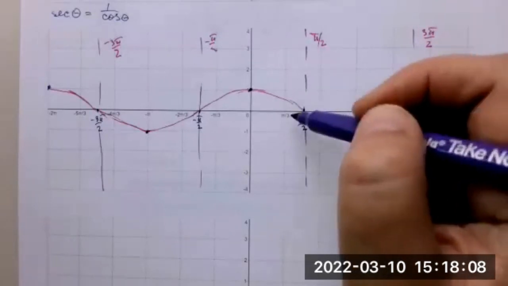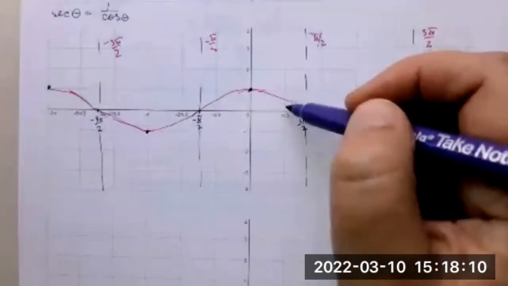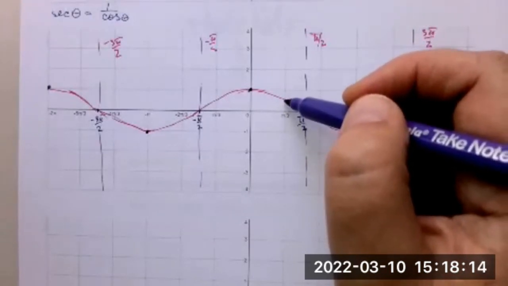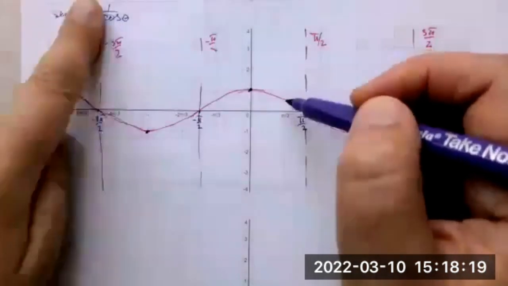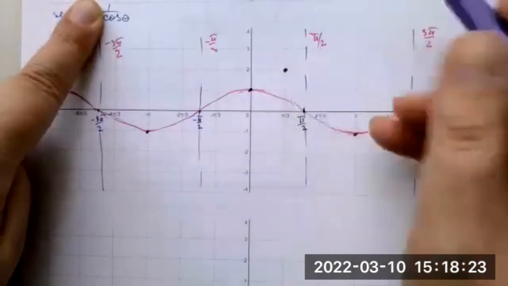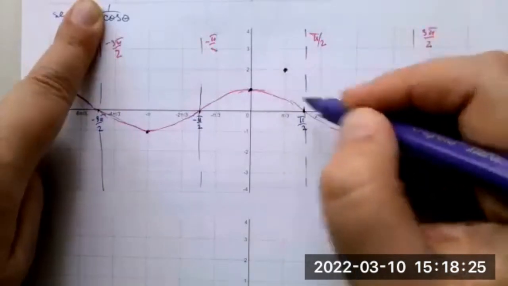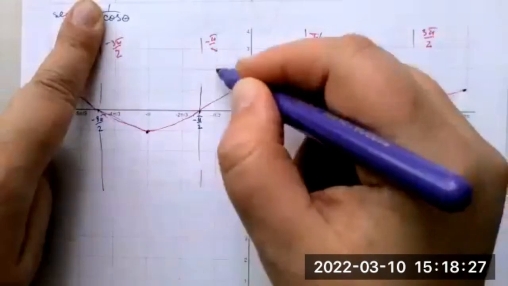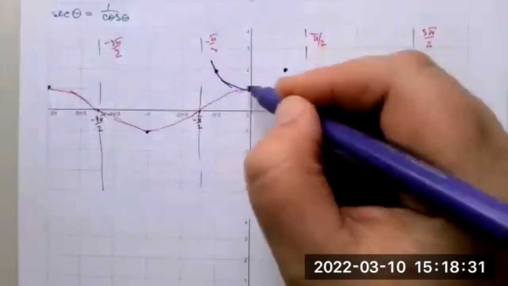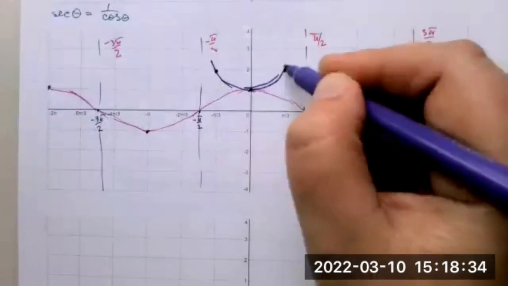The cosine value equals 1/2 when theta equals pi over 3. So when we divide 1 by 1/2, the value is going to be 2. Same at negative pi over 3. So our secant function will go like this here.